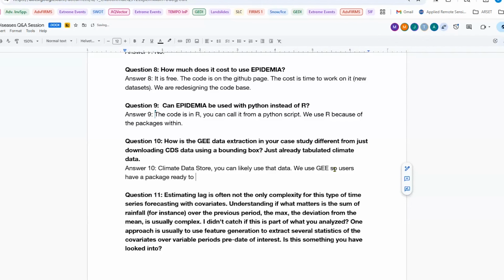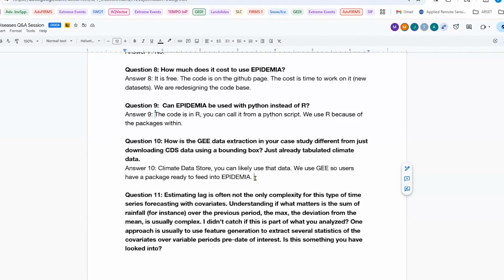They don't need to do any additional processing themselves besides selecting a date range, clicking, putting it into the appropriate folder and running the software. I'm sure there are other ways to do that, but when we developed it, GEE was really the simplest and most straightforward approach to get this type of app.